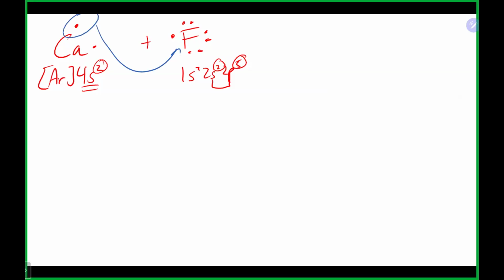The situation is actually with the fluorine on the right. It started with 7 valence electrons, and I just gave it one more from calcium. Can that fluorine at this point take any more electrons? It cannot, because it could only have 8, right? So you just max out that fluorine. So that's good for the fluorine on the right.